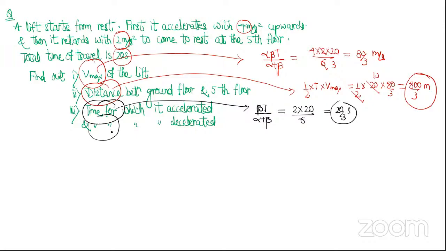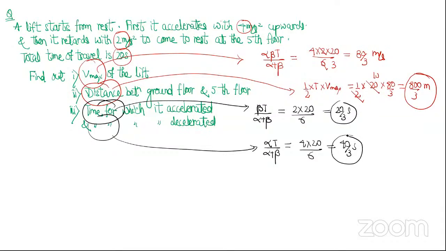And for the time for which it decelerated, you will get alpha t by alpha plus beta, that is 4 into 20 by 6, which is 40 by 3. So some questions you can directly solve by remembering these formulas, or by solving using graphs.